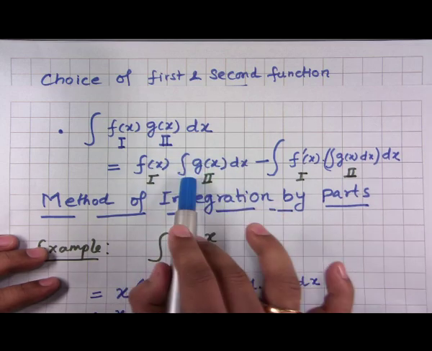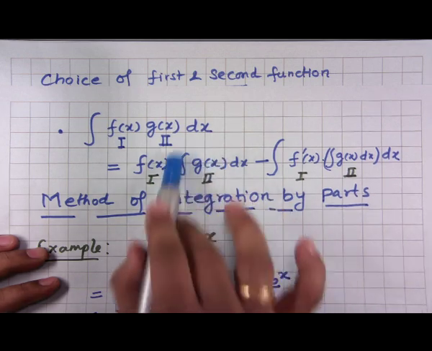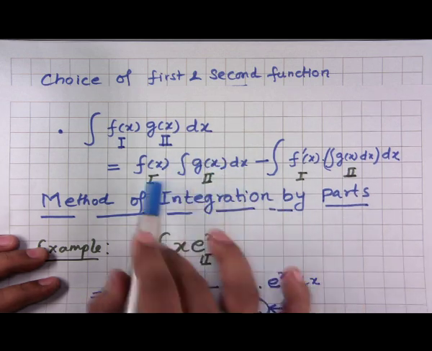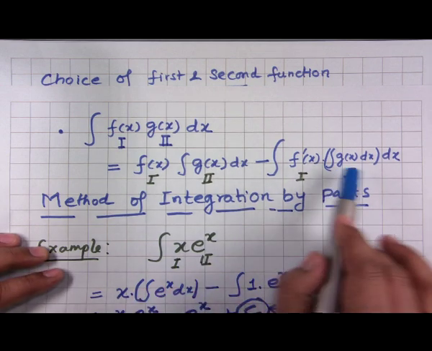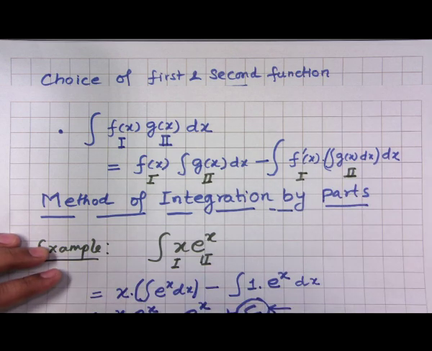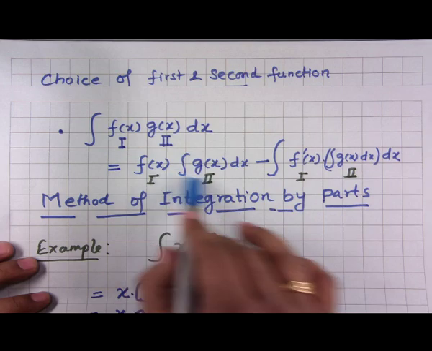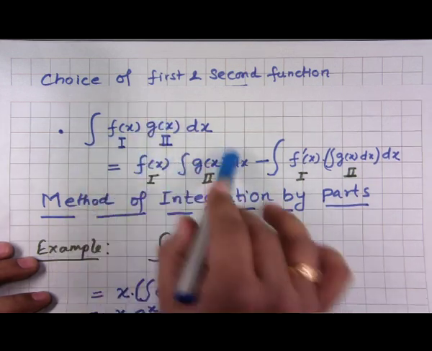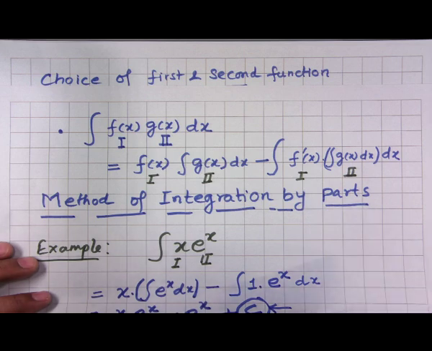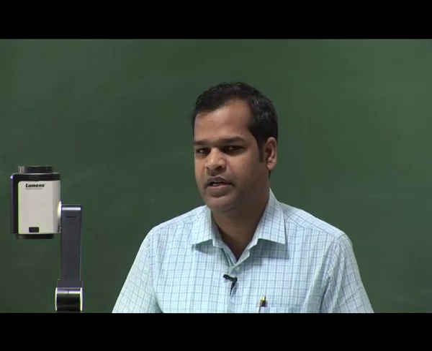If I take a function which has an integral that is very complicated, or keeps on extending, then I will be in trouble, because it again involves another integral here. So, integral of the integral may create problems. I should choose the function wisely, because I already do not know the integral of the entire product, and if I choose something which further complicates it, I will have trouble. So, I mostly should choose the function which does not become very complicated.